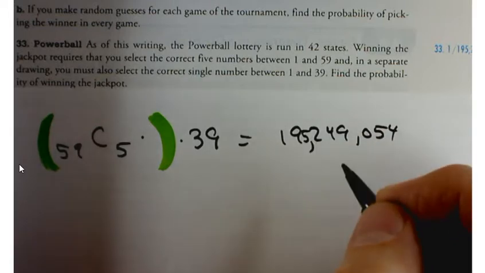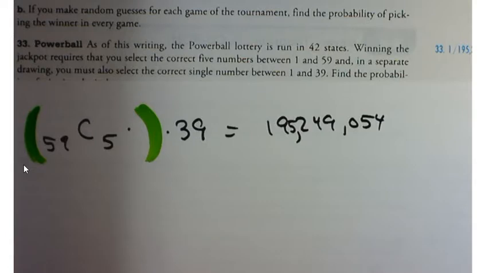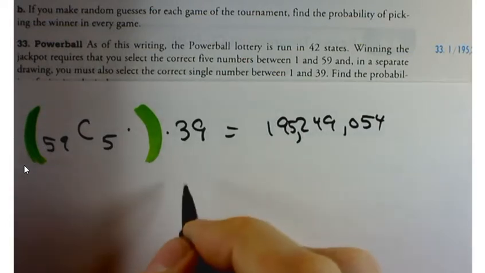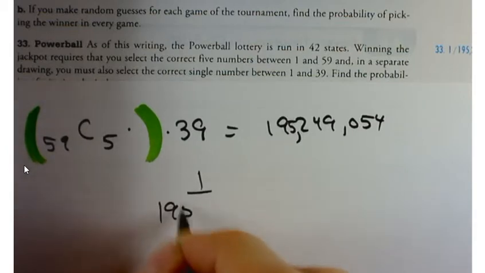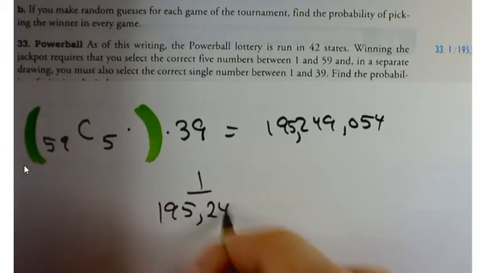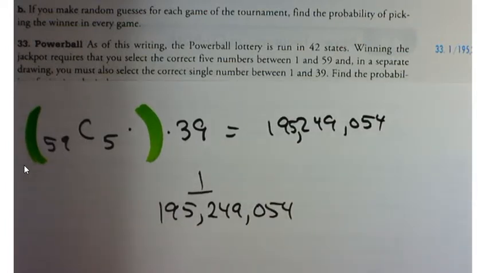Wow. That's a big one. If you have one ticket, what's your probability of winning? Yeah, basically nothing. Actually, 1 over 195,249,054. Yeah, pretty small. But hey, somebody's got to win.